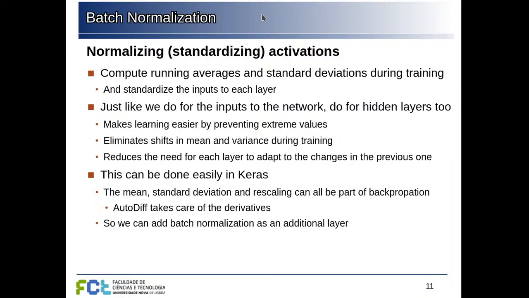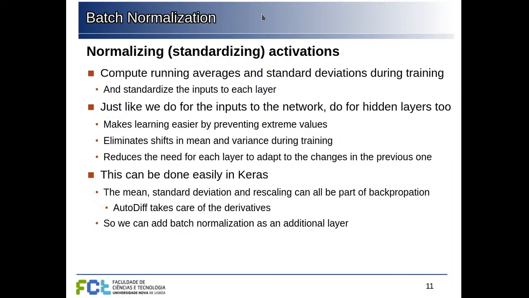This will receive the inputs of the previous layer, rescale them using these running averages, and then feed them into the next layer. This is how it works during training. When we are training the network, the parameters of the batch normalization step keep updating by computing these running averages of the mean and standard deviation of the outputs of the previous layer.